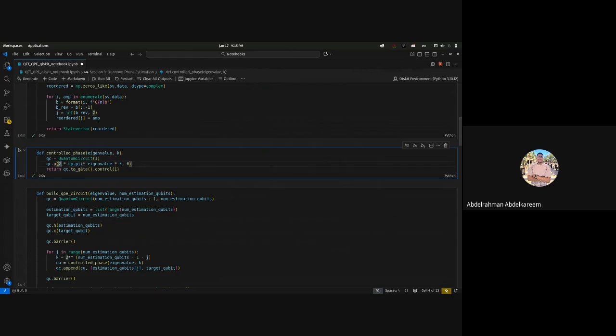We can maybe draw it. The theta here will be 2 pi times the eigenvalue. We can say the eigenvalue is theta, and this is maybe alpha, times k. So all of that is in the power: e to the power of 2 pi alpha k.